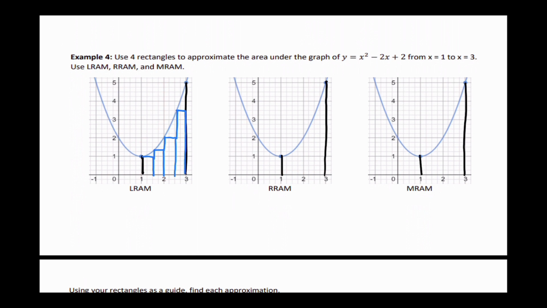Top left has to touch. Each of those rectangles, the top left corner touches the function. There, there, there, and there. They all touch the function. If the top left doesn't touch the function, it's not LRAM. Okay?